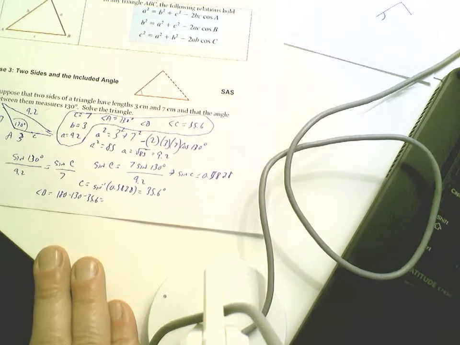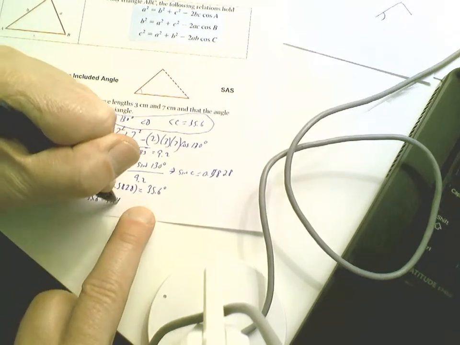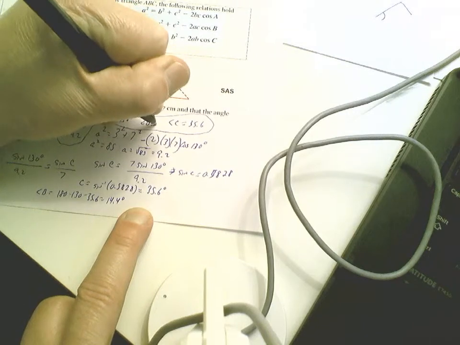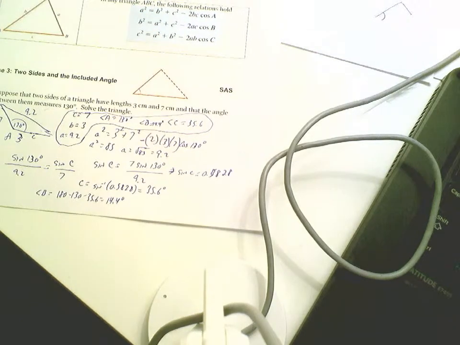And that's going to walk us into 14.4 degrees. And we're now solved for this triangle. So there's the basics. Remember, side, angle, side. 2 sides and the included angle. By the way, you might remember we also use that to do the area of a triangle with a different formula. But that same scenario, side, angle, side, allows us to solve the rest of the triangle.